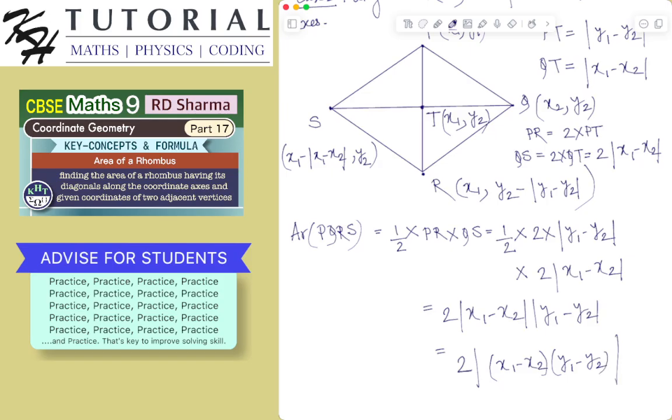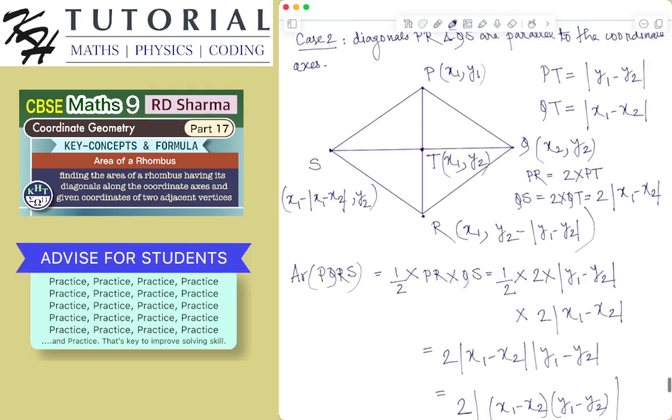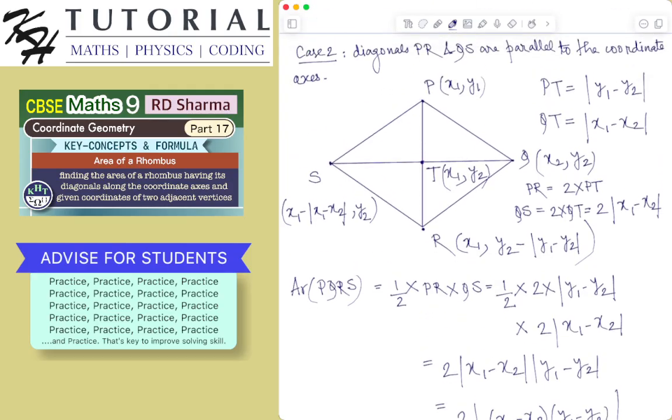Now there is absolutely no need to remember this formula, because it will all depend on the coordinates of the points P and Q, assuming that the diagonals of the rhombus are parallel to the x-axis and y-axis.